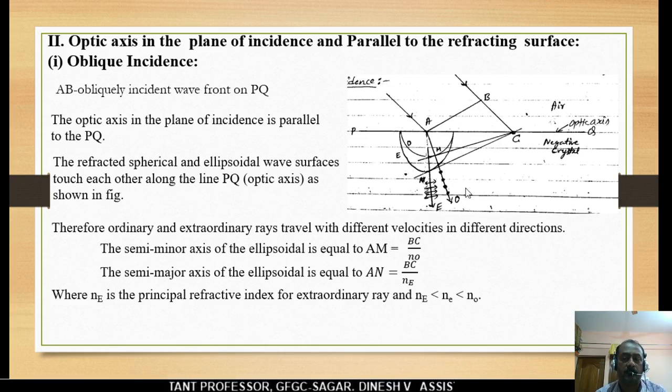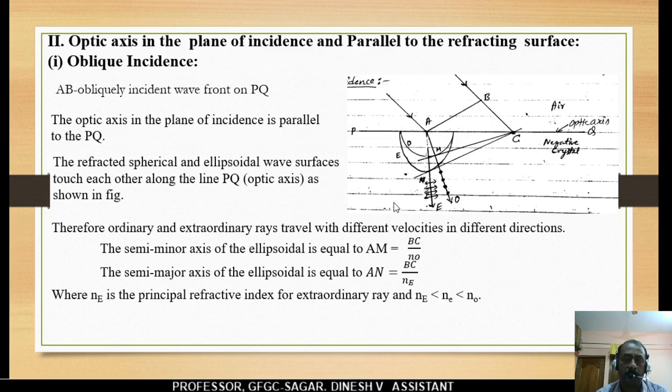For this situation, we can derive the value of AM for the ordinary ray and AN for the extraordinary ray, as I already explained in the previous slide.